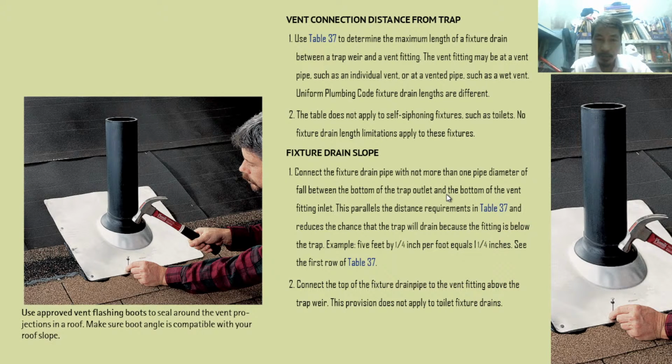So for fixture drain slope. Okay. This parallels the distance requirements in table 37 and reduces the chance that the trap will drain because the fitting is below the trap. Okay.